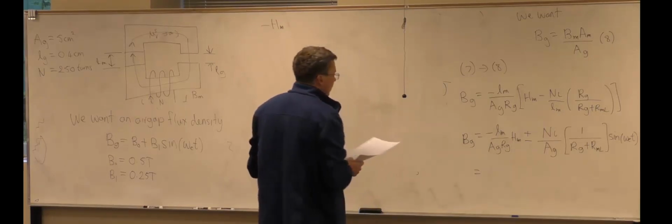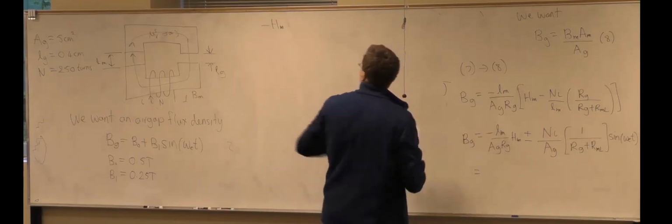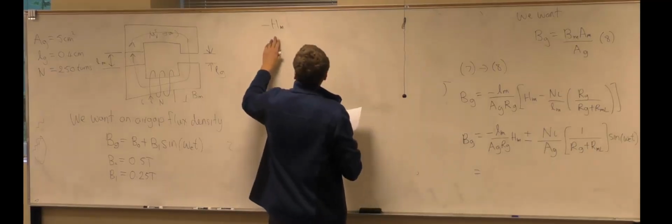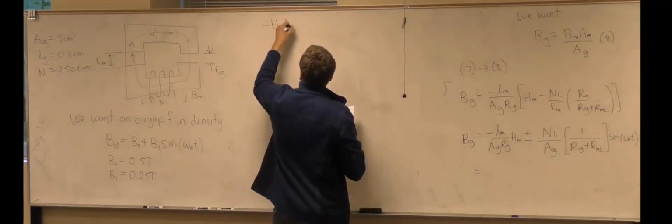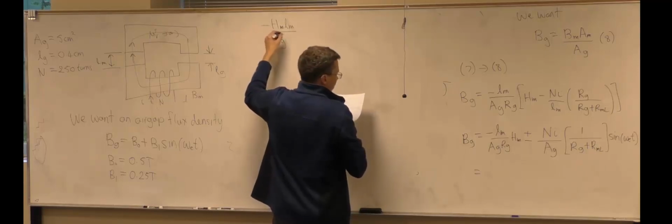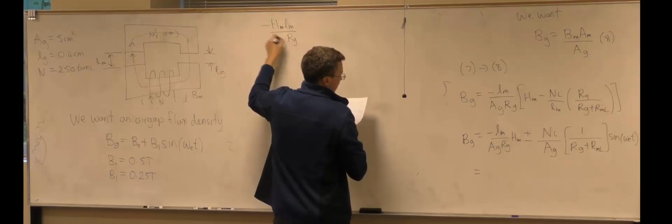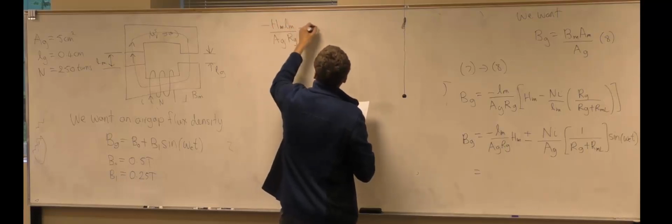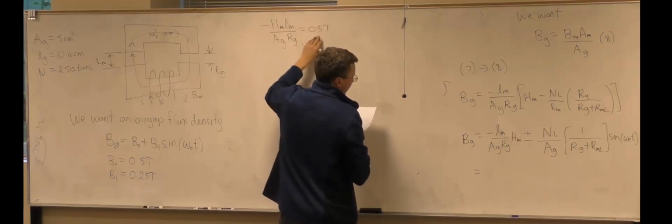Okay, that's fine. So this first term here can be written, we determined previously, so this term here is equal to the 0.5 Tesla. We got that in the first part.